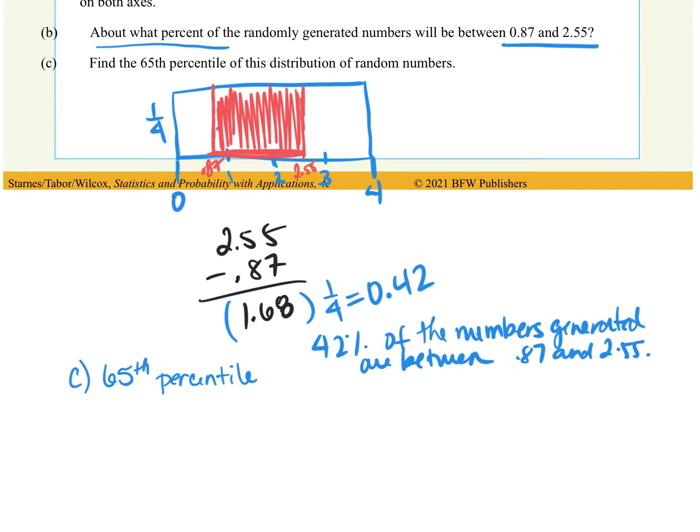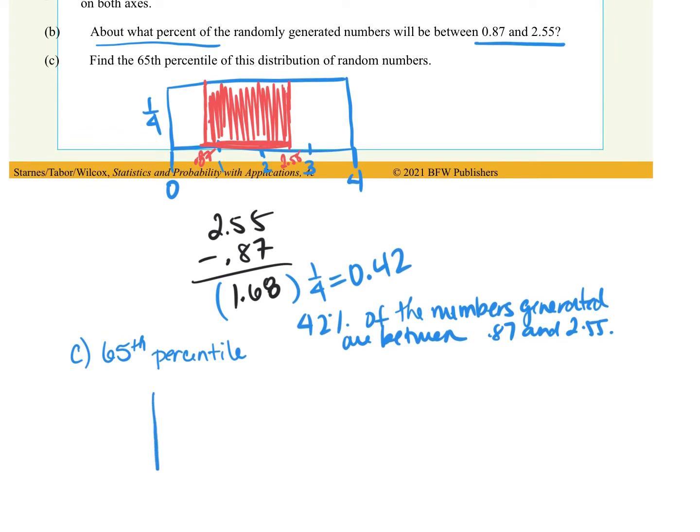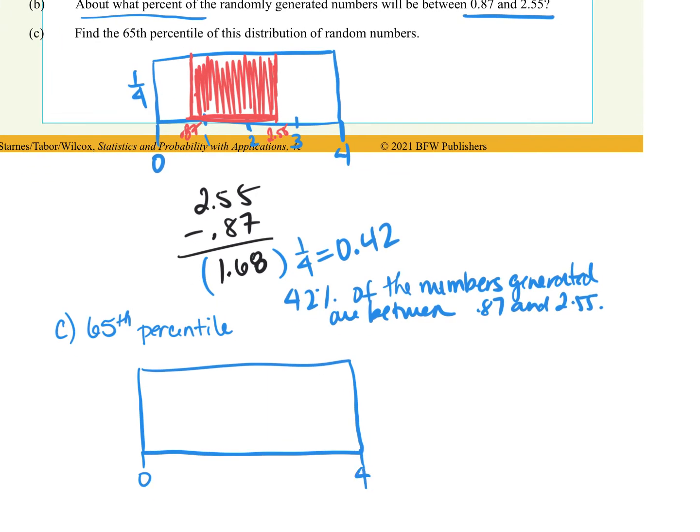Okay, now C is asking for the 65th percentile. I'm going to draw the model again, the distribution, the density curve. And I want to know what number represents 65% of the data.